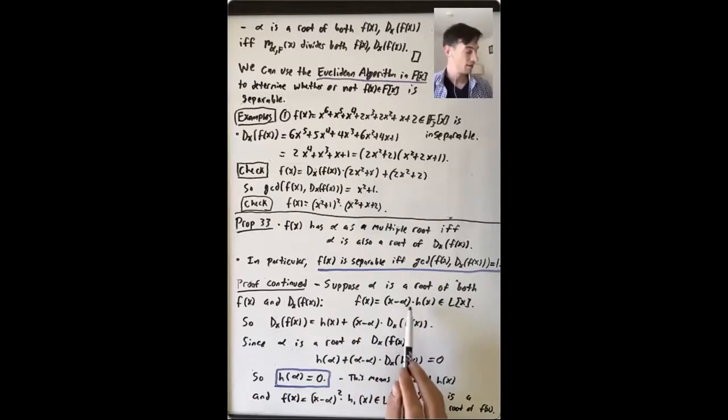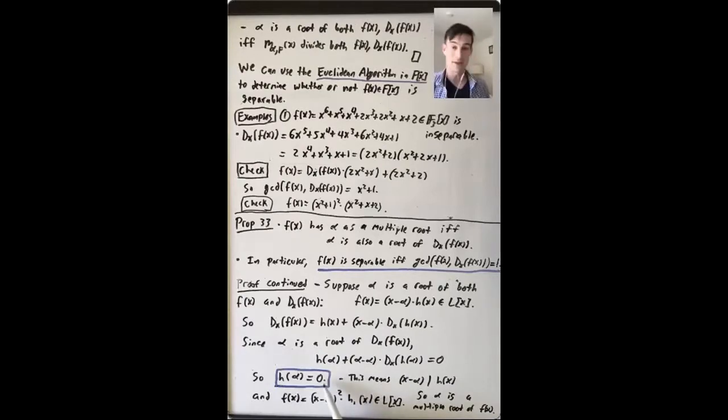So it's the derivative of x minus alpha, which is 1, times h of x plus x minus alpha times the derivative of h of x. And what do we know? We know alpha is a root of this polynomial as well. So since alpha is a root, when we plug it in, we get h of alpha plus alpha minus alpha times this derivative evaluated at alpha. Doesn't matter what that is because alpha minus alpha is 0. So what we get is that h of alpha equals 0.